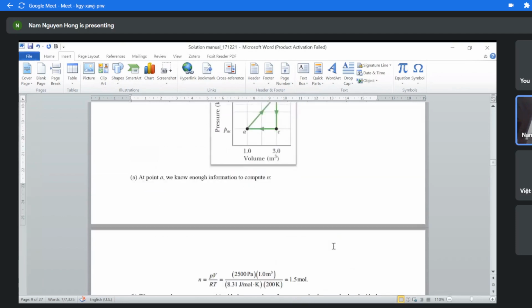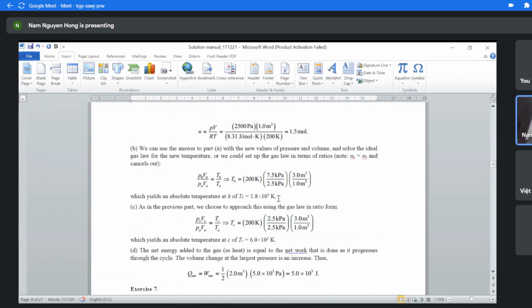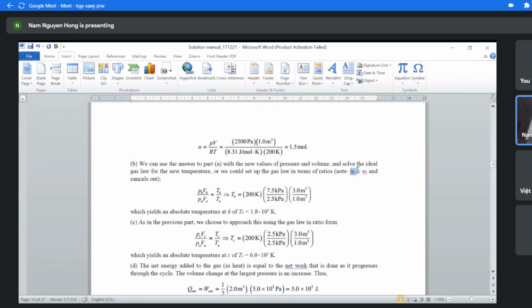1.5 moles. And since we use the same sample for the whole cycle, the number of moles at point A should be equal to the number of moles at point C and also at point B. Then we can establish a relationship between point A and point B to be able to find the temperature at point B based on information at point A, like this one.